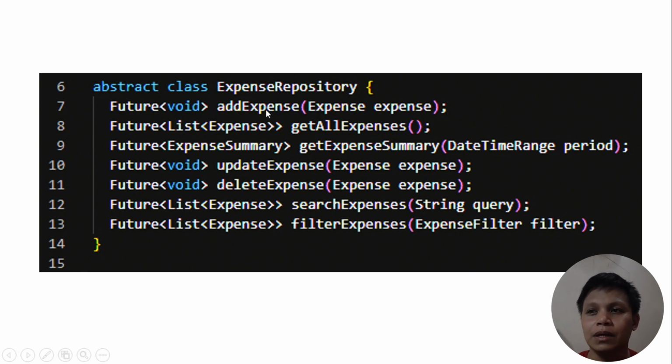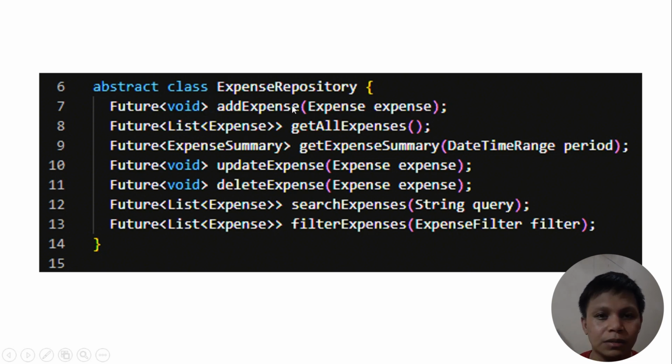It can add expense, it can get all expense, it can update expense, it can delete, search, and filter. And each CRUD operation defines ano yung kailangan niya na parameter input, and ano yung i-return niya na value for this operation.